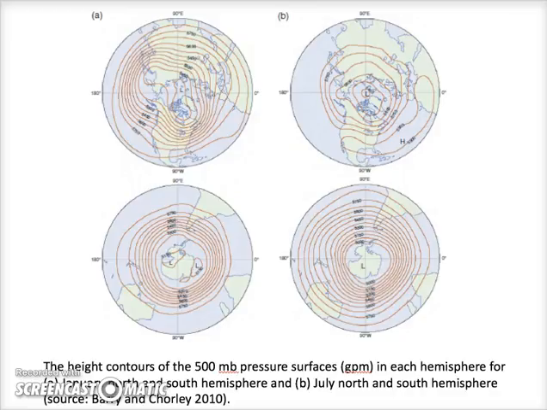This is termed a wave number three pattern, where the waves have an average spacing of 120 degrees longitude. The wave troughs are located over East Asia, Eastern North America, and Eastern Europe. In summer, there is a single well-developed wave over Eastern North America.